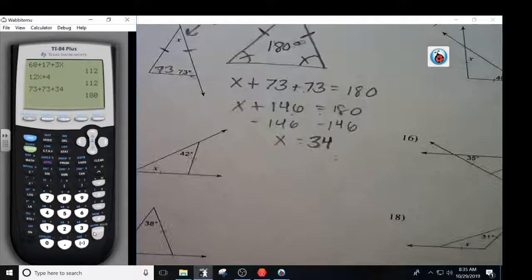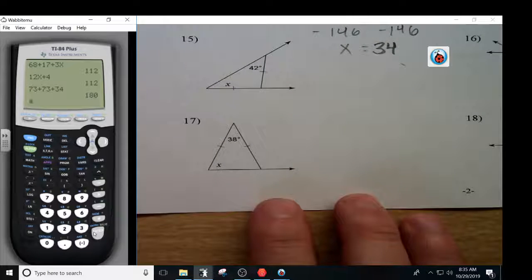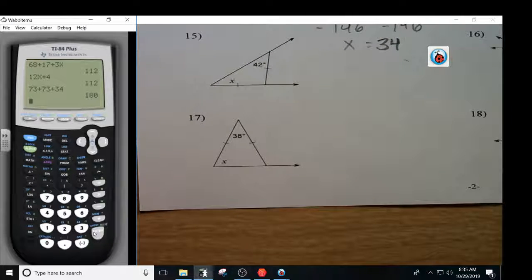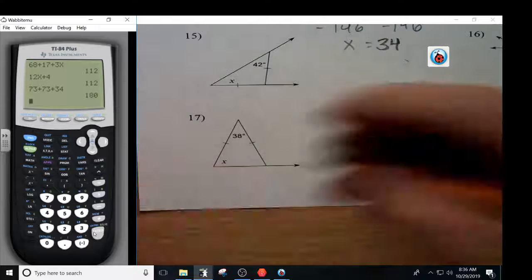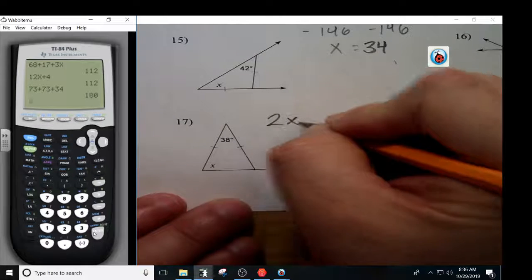What about 17, guys? Looking at this, anybody know how to solve that? What would you do? You could do that, because basically what it would look like is this, and this is exactly what you're saying.